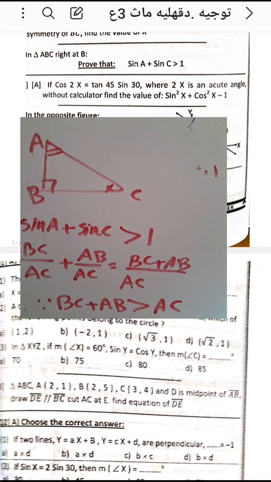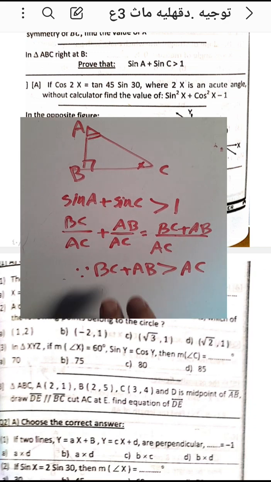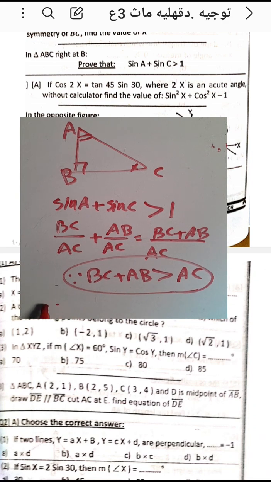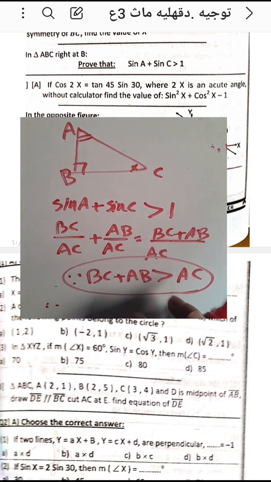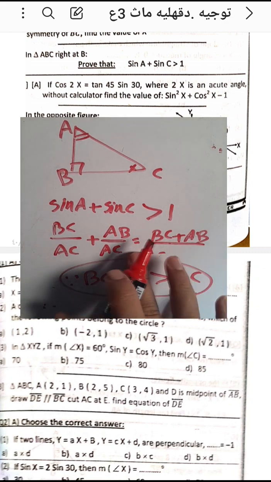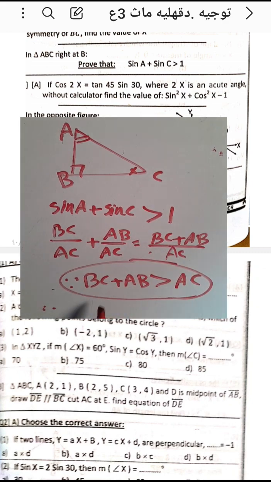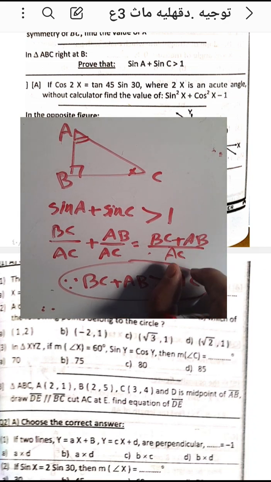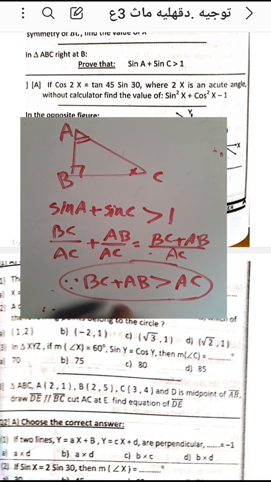In any triangle, the sum of any two sides is greater than the third side. Then we can write AC greater than 1.